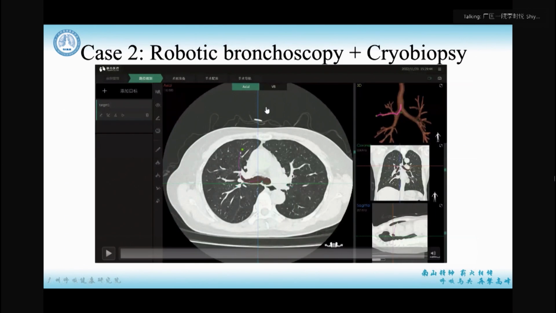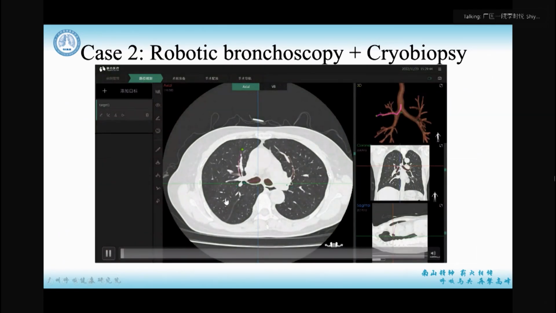And there's another case, case two, for diagnosis of a nodule. We used robotic bronchoscopy and cryobiopsy. Here we can see the CT image.